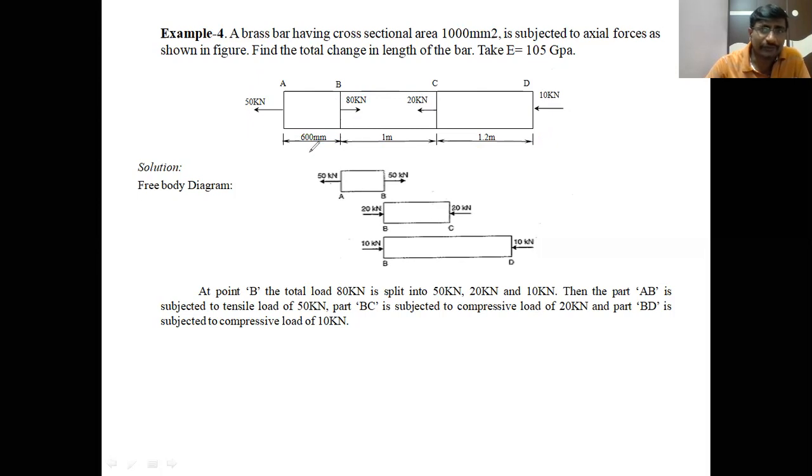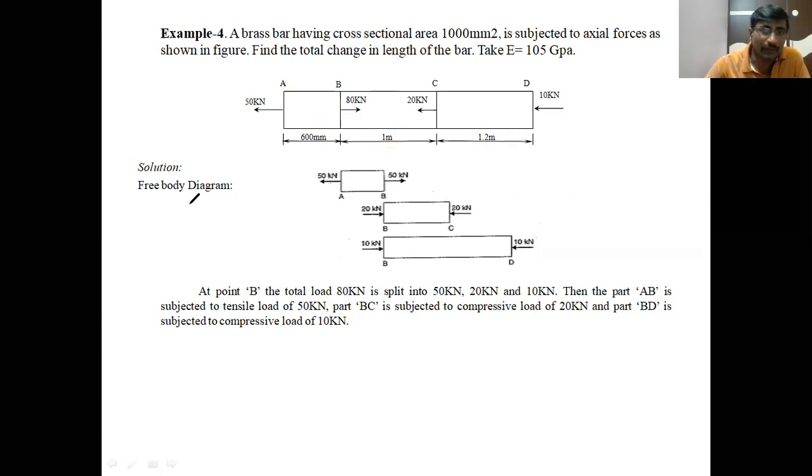So first of all, you have to check whether the given problem is under equilibrium or not. If it is not in equilibrium, the problem is wrong. Section AB has a 600 mm length, BC has a 1 meter length, and section CD has a 1.2 meter length. Let us go for the solution.